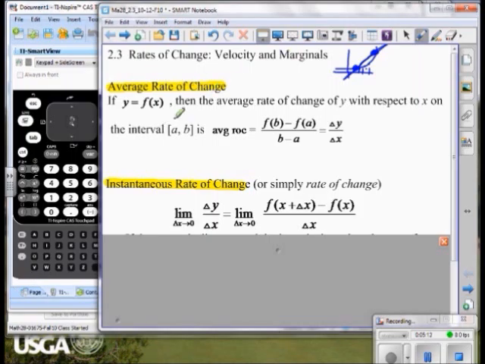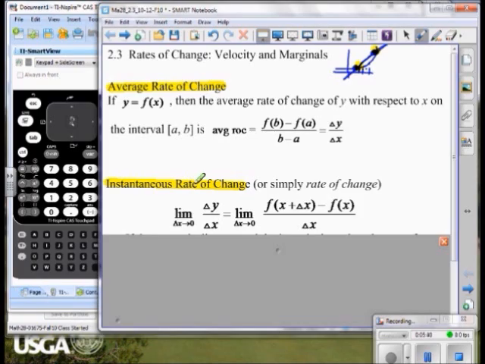If we have a problem where you're given the coordinates of 2 points, and they're asked for the rate of change from one point to the next, you would have average rate of change, because you need 2 points to do slope. If you have instantaneous rate of change, that, of course, is the slope of the tangent.